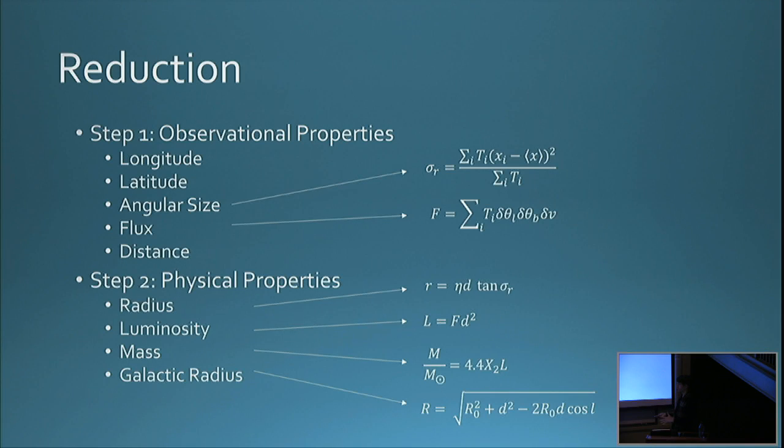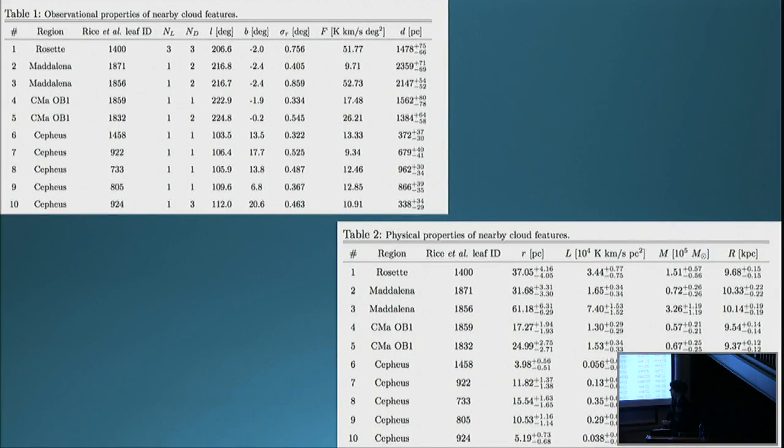The second category of properties is the physical properties of the clouds themselves, like their radius, their luminosities, their mass, and their galactic radii. Importantly, the mass is computed directly from the luminosity. I found that to be the most effective method of determining their mass when comparing to a few known masses from recent literature sources.